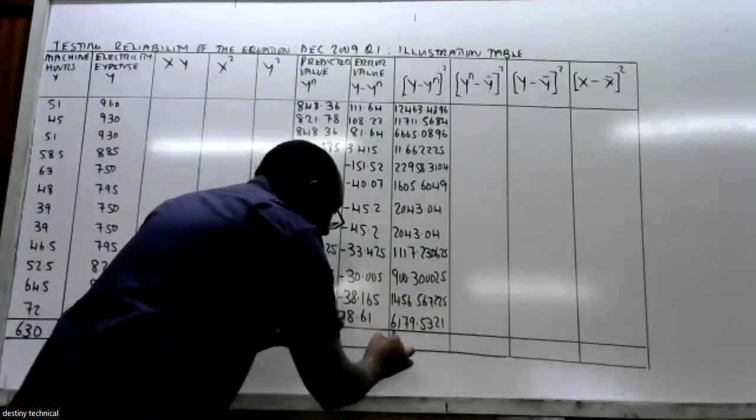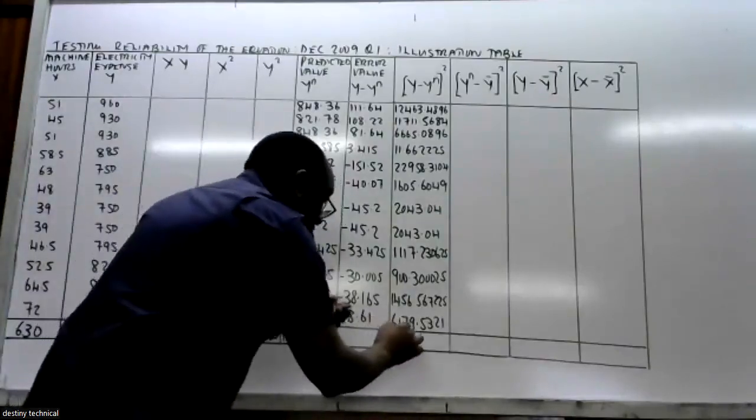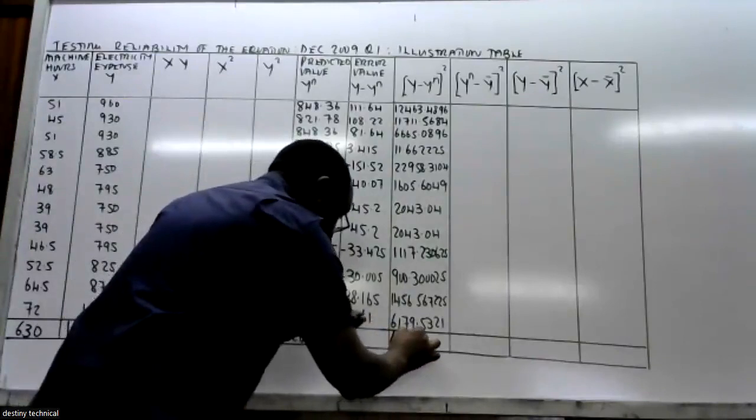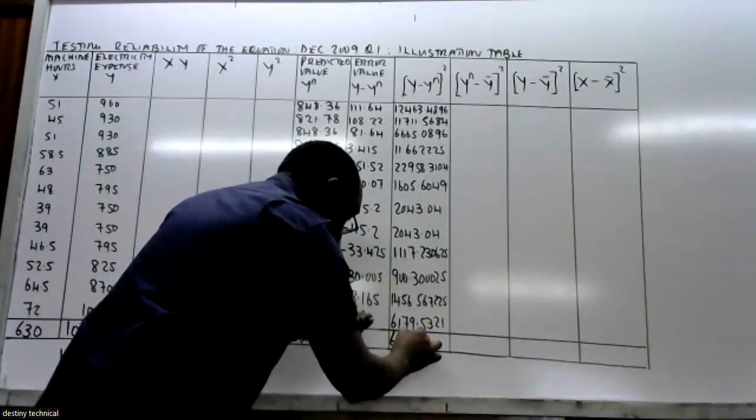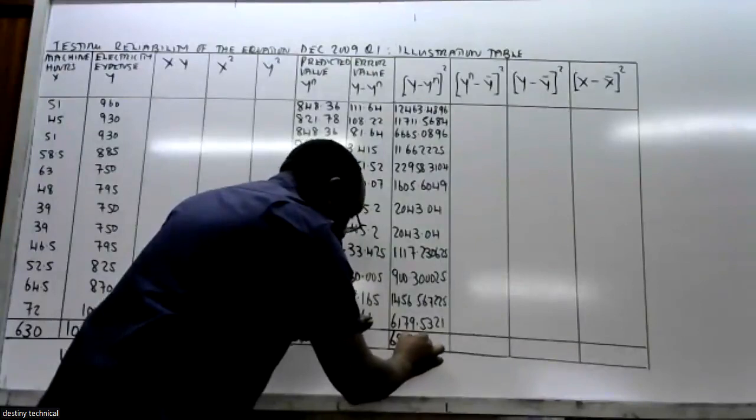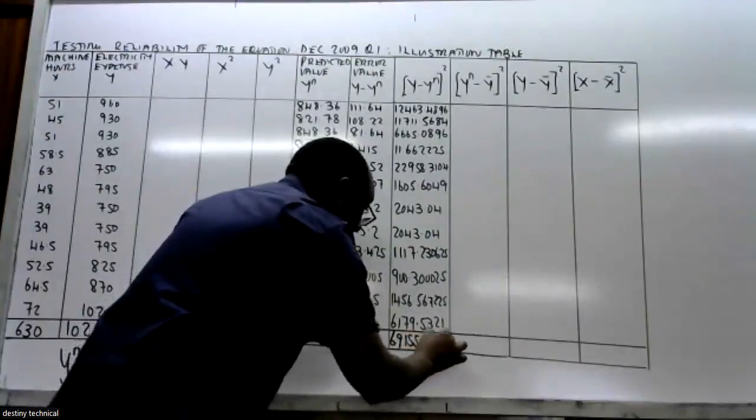So hii nimepata 69,000 actually, 0.4351.